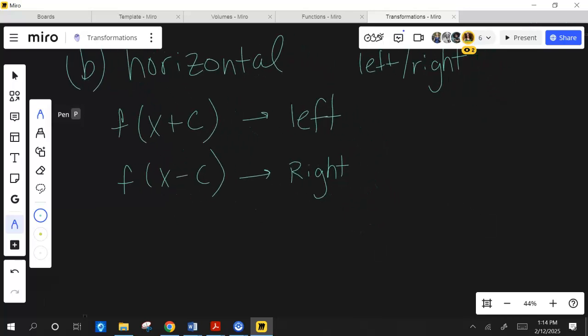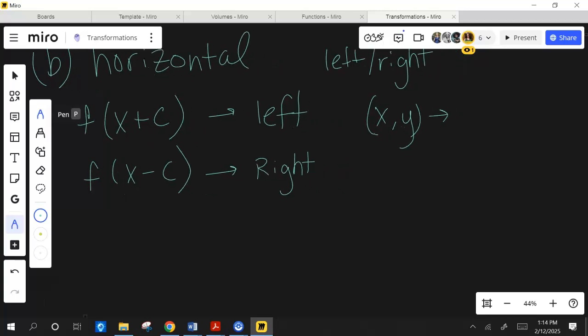Now notice on your change column, this time you have your X and your Y. I'm only adjusting the X. But if I'm adding C here, in the actual coordinate I'm subtracting C, but leaving Y alone.